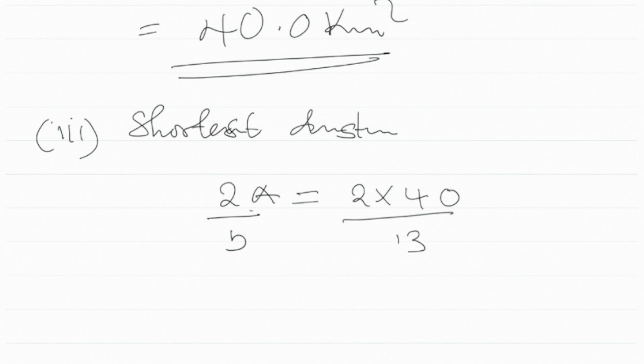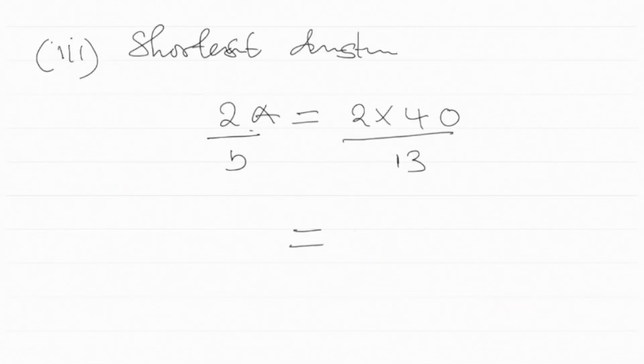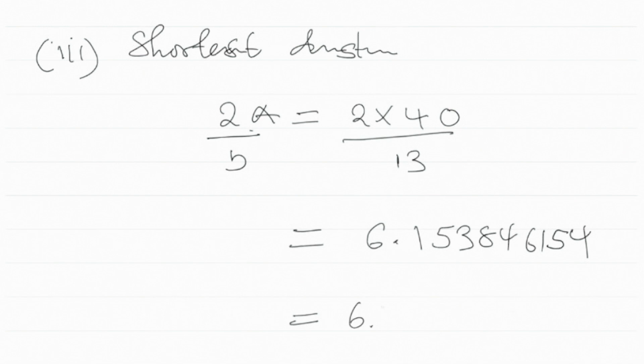When you make your calculations properly, you will have 6.1533846154. When you round this off, you will have 6.15 kilometers as the shortest distance.